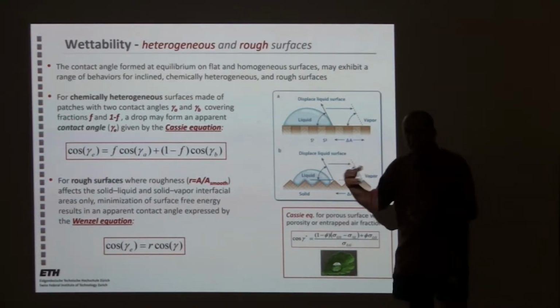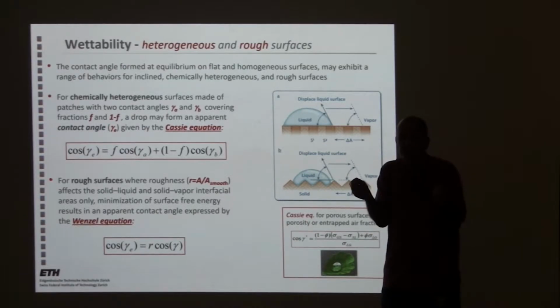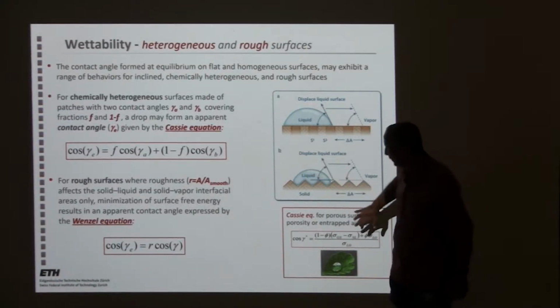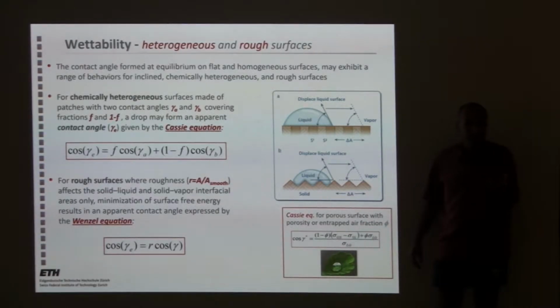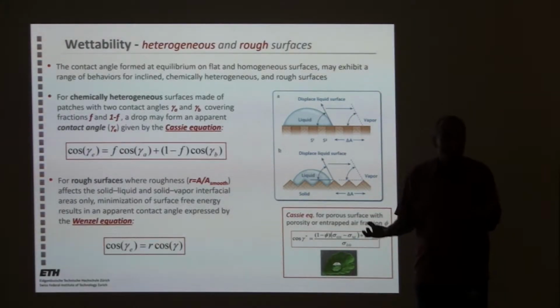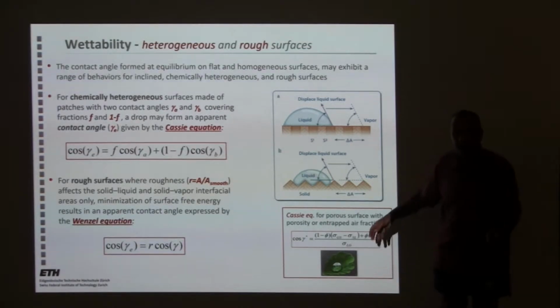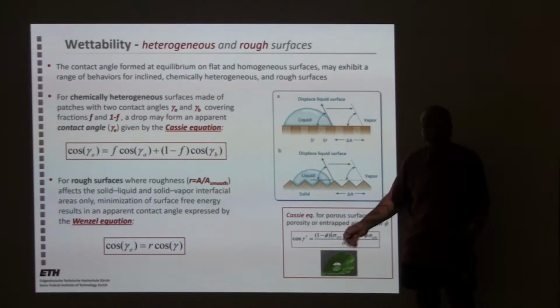I gave an example with sand grains, but you can think of grains and pores. So what's the contact angle of water with air? 180 degrees. So you can already imagine that you can calculate, according to Cassie's equation, the effective contact angle on a porous surface based on its porosity.